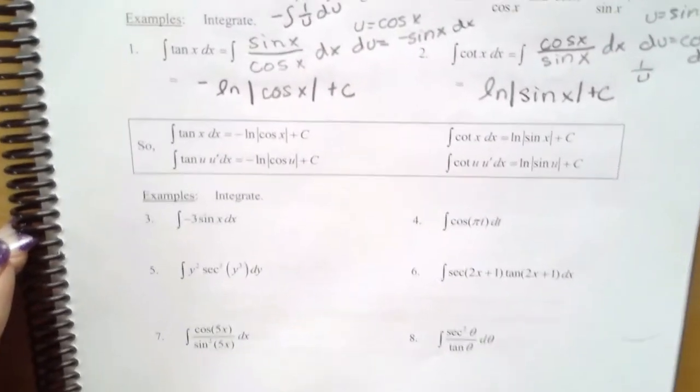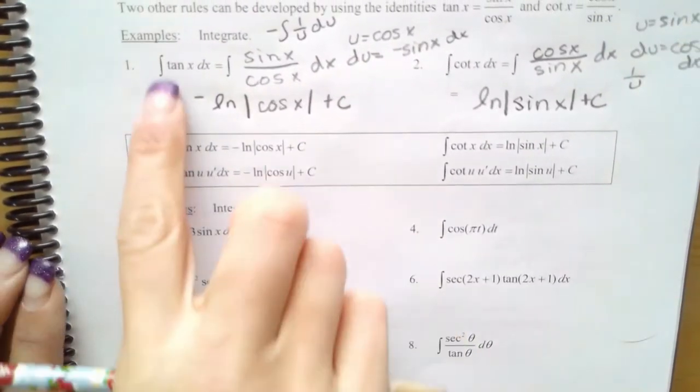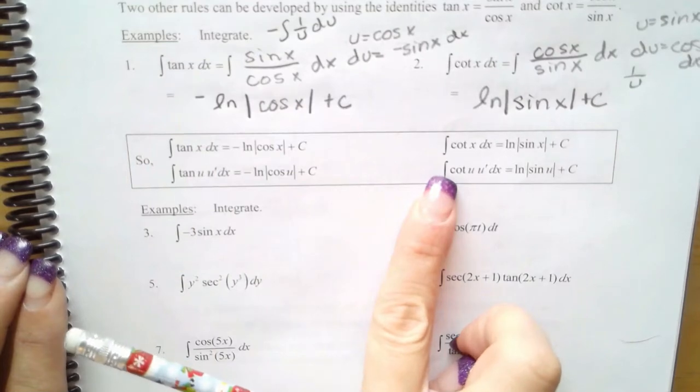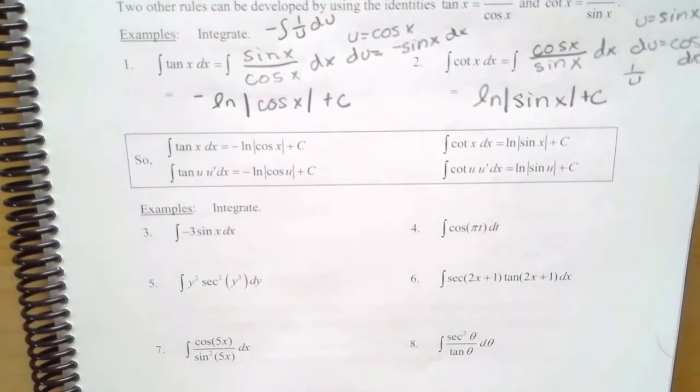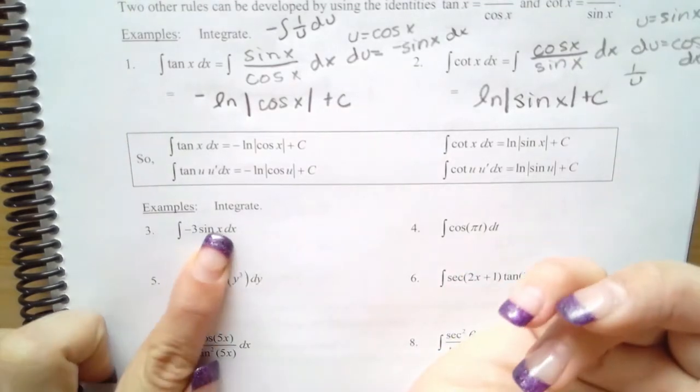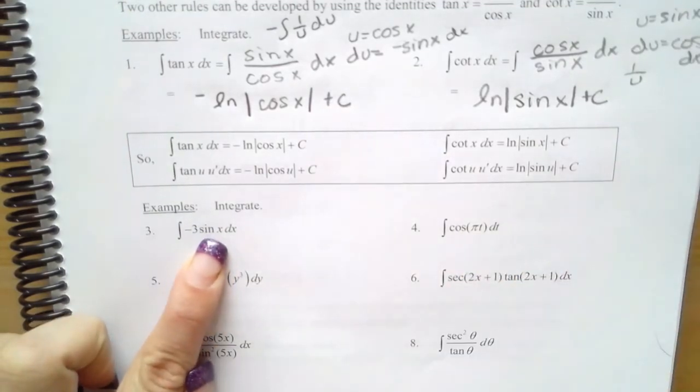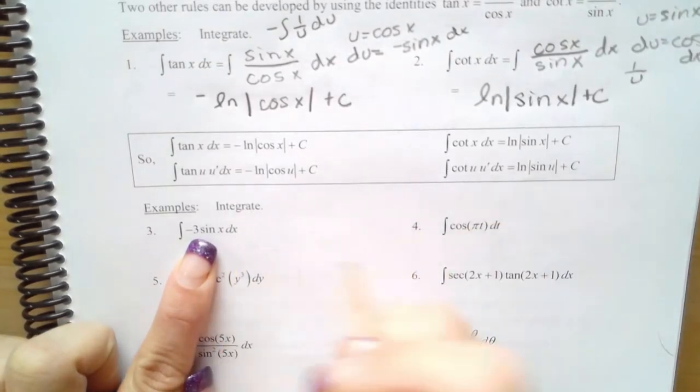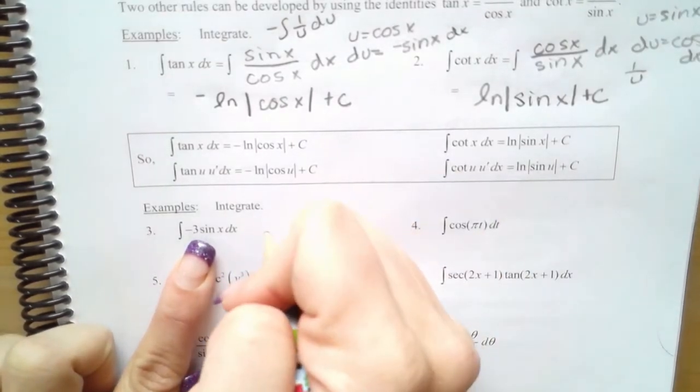Alright, so knowing that proof there, we have some other things that we can keep in mind. Now guys, don't forget you can be making your note cards to memorize these. So let's do some of these questions together. The integral of negative 3 sine x. Well, that negative 3 can be pulled out front, and that stays there, right?